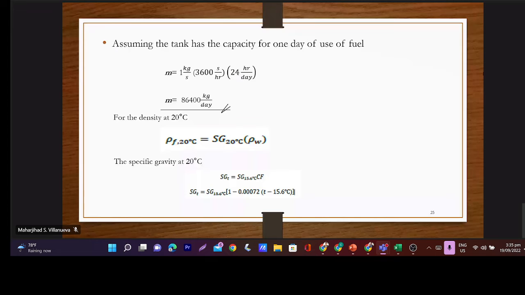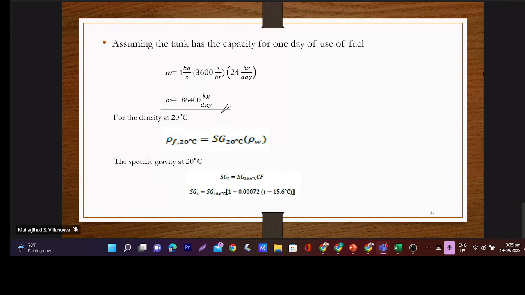So, i-convert po muna natin yung given mass, which is 1 kilogram per second. So, to convert it, we need to multiply it to 3,600 seconds per hour, then multiply to 24 hours per day. Makukuha natin yung given na mass na 86,400 kilogram per day.